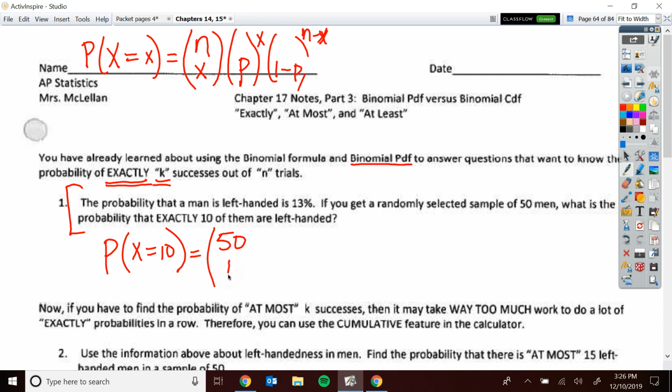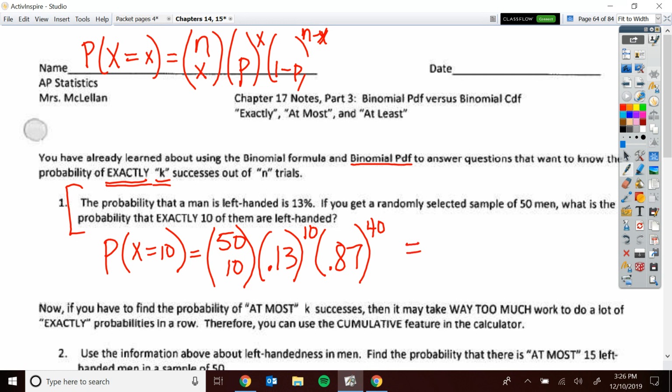So out of 50, we want 10 successes, and 13% of them are left-handed, and we want 10 of those. So 87% are not left-handed, and that makes the remainder the failures, so 40.